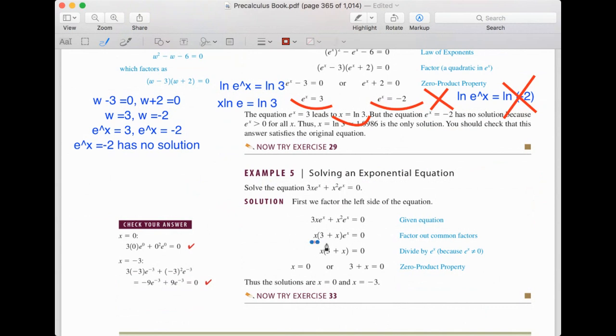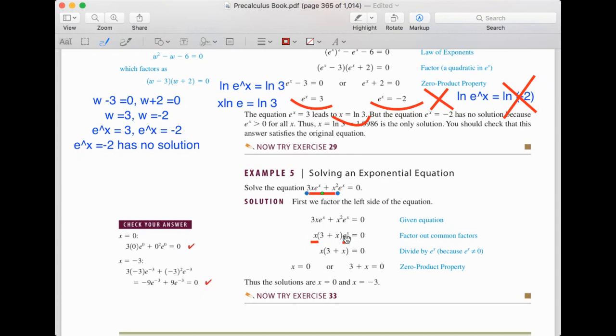Then inside the parentheses, the first term is left with 3, the second term is left with x. If we multiply out, we still get back this. So we have x times 3 plus x, and e to the x.